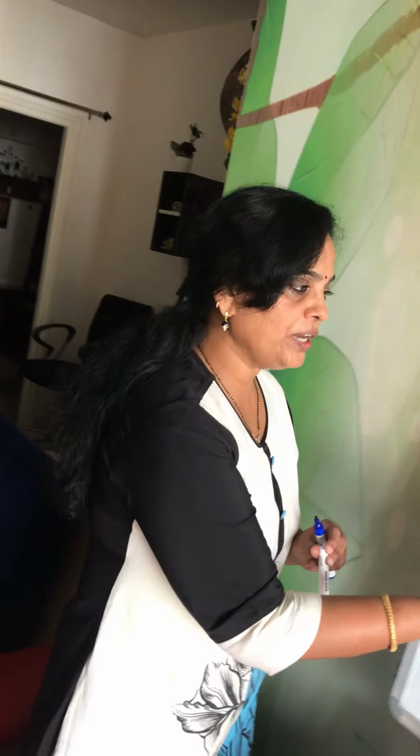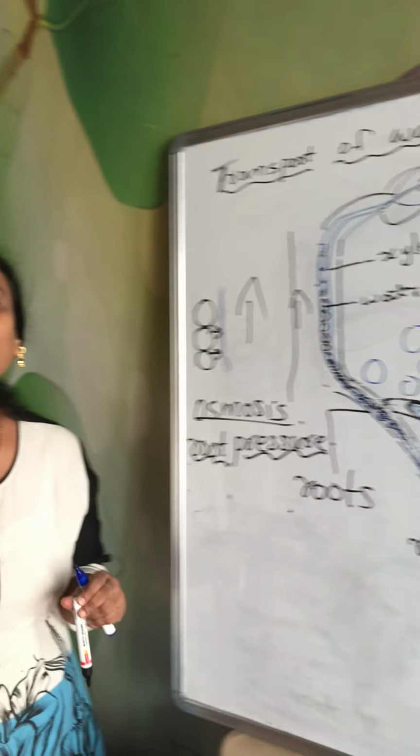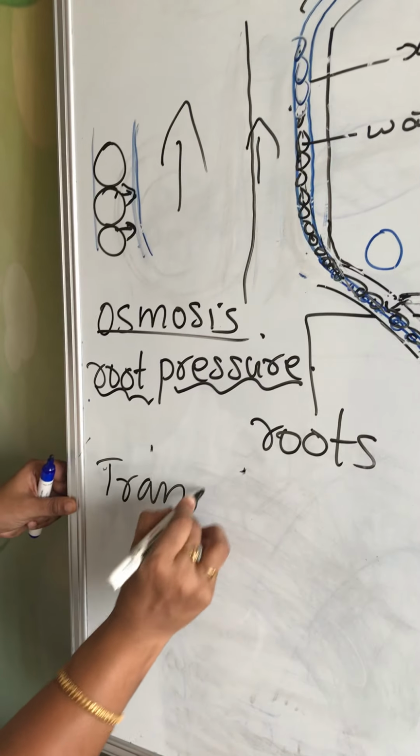Root pressure, which acts from bottom to top, will not be sufficient to make the water travel to that height, because there is a limitation on how much pressure it can exert. So what is the other force which helps in the movement of water in the xylem? That is transpiration.